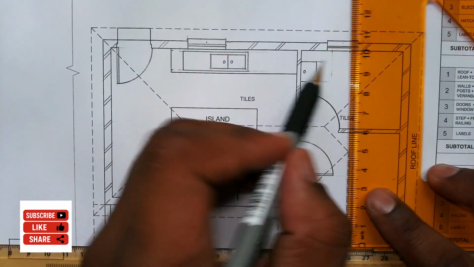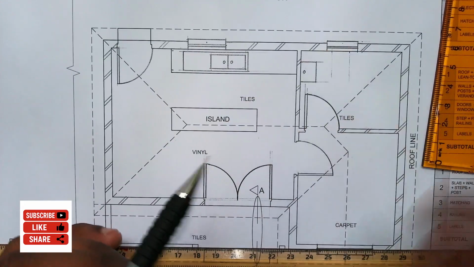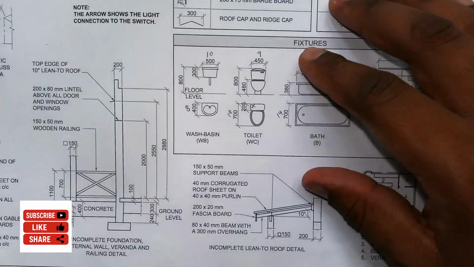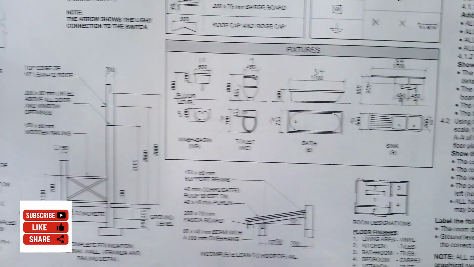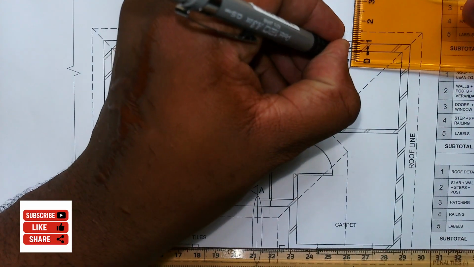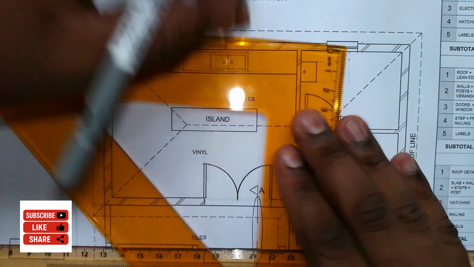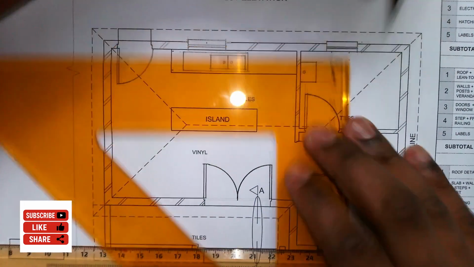Please make sure that the water closet is placed on the wall, right? Okay, and then the length is 14, and that part there is 4. So measure 4 there, and then the total length is 14, so just mark there.